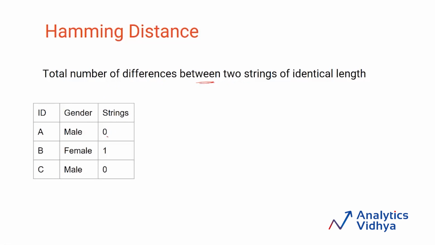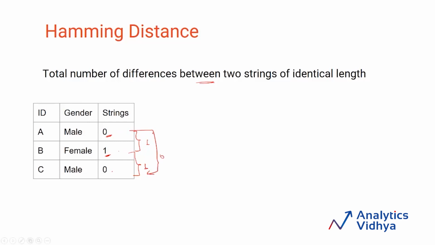So simply we have 0 here and we have 1 for the ID B. So you have to check it in this way, that in this case, did the value change or is there a difference? Yes. So I would say that the distance between A and B is 1 and the distance between B and C is again 1 because one value has changed, and the distance between A and C will be 0 because there is no change in the value.